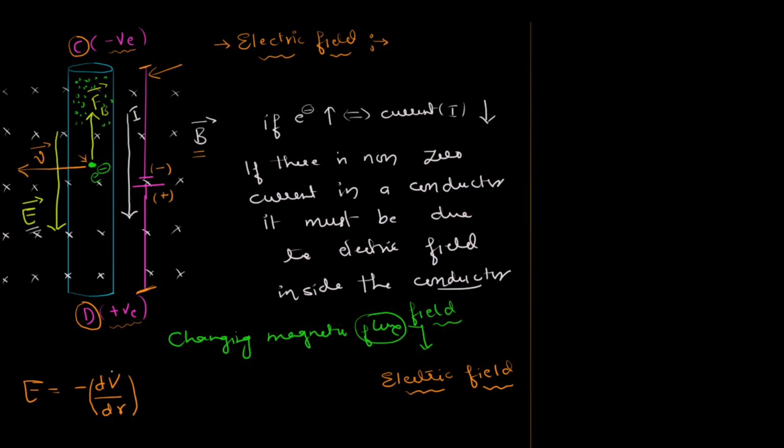Yes, I agree, and there is definitely a potential gradient between C and D, and therefore there is electric field. But who in the first place caused that potential gradient? It was in fact the changing magnetic field, right? And therefore we can say that a time varying magnetic field can give rise to electric field.